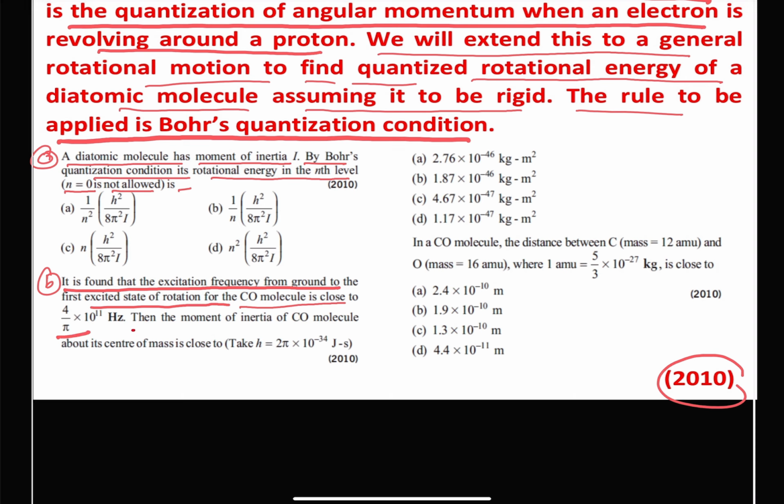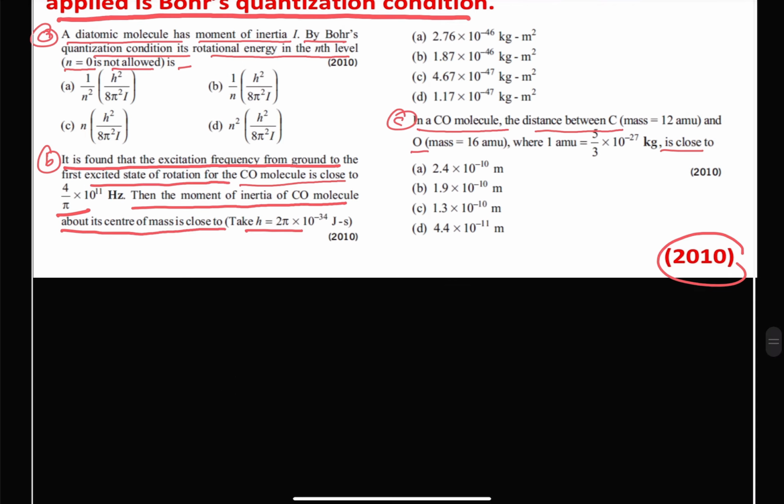Then the moment of inertia of CO molecule about its center of mass is close to. And part C, in a CO molecule, the distance between C and O is close to, and the respective mass in AMU is given to us. So we start with part A.